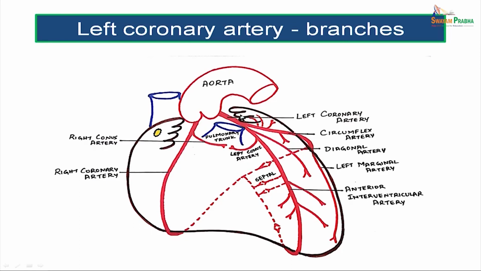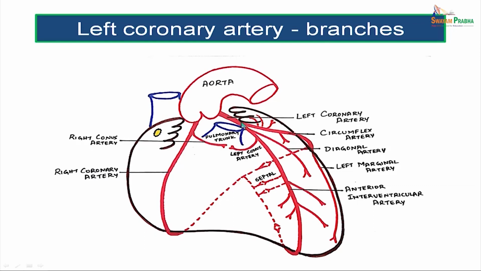Then it terminates into the circumflex branch, which is going to wind round the obtuse margin of the heart, that is the left margin, and the other terminal branch is the anterior interventricular artery, which runs in the anterior interventricular groove. Now, this anterior interventricular branch, which is almost the continuation of the left coronary artery, will run in the anterior interventricular groove.